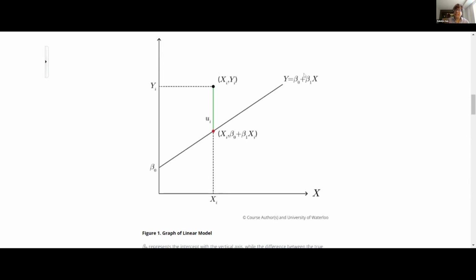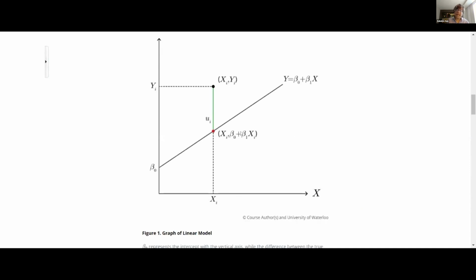If your y-axis shows your values of y and the x-axis your values of x, what we're trying to do is theoretically minimize the error term.